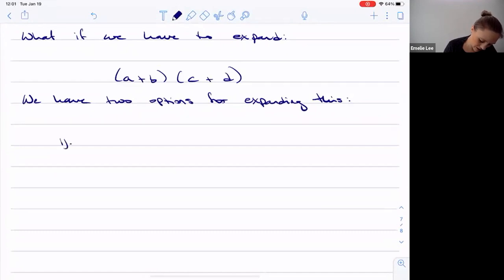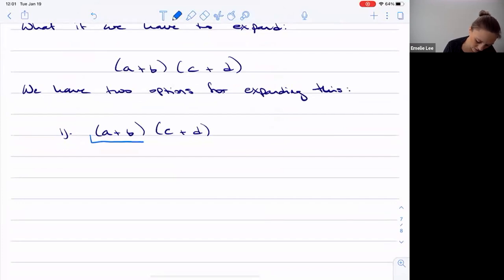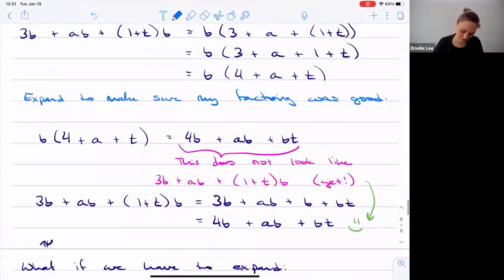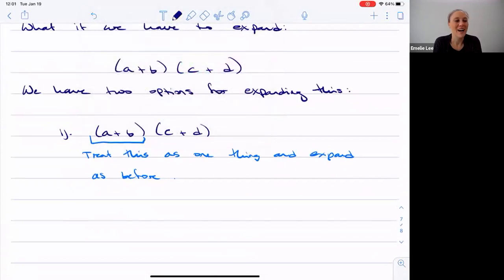The first option is to have something like a plus b times c plus d. You can treat this as one thing and expand as before. Little slip here, so I twist in my chair. So you can treat this as one thing.